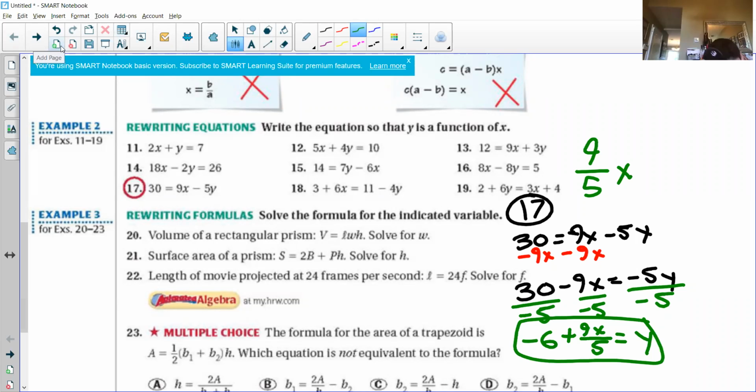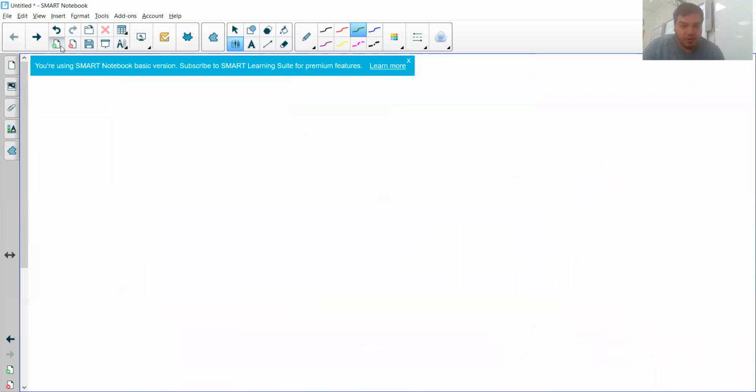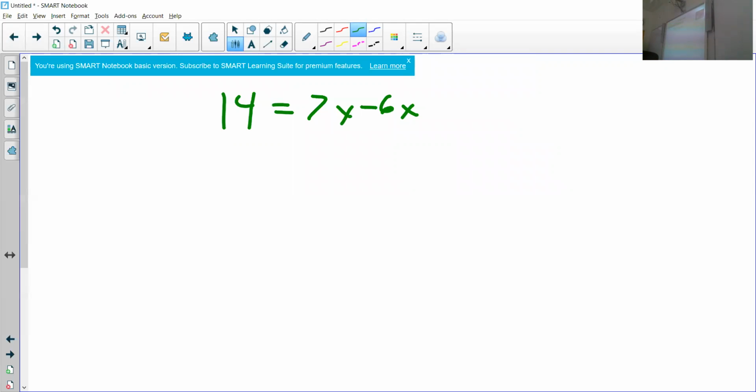All right, so I just wrote it down. I'm gonna recopy it over here on a clean page. 14 equals 7y minus 6x. So what we're going to do there is first move over the 6x. So it's a minus 6x.